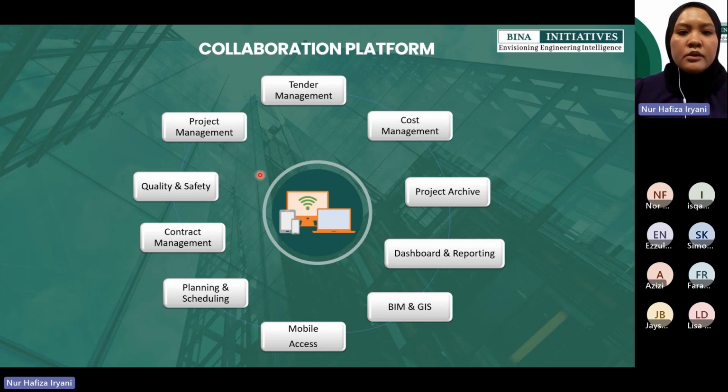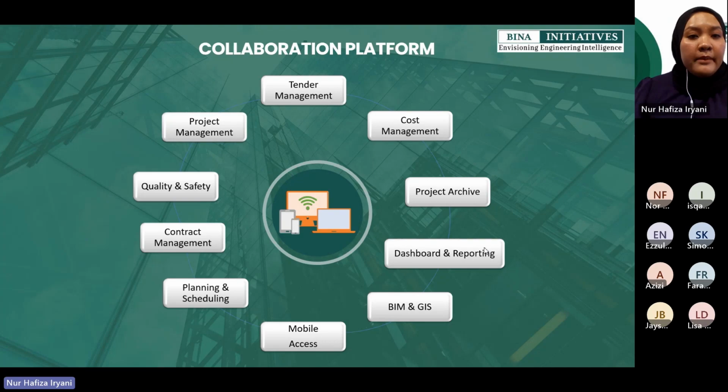All right. So first, when we are talking about tender management, of course, it is for the tendering process. Sometimes they call it bidding and so on. Using tender management, first, the user can create a tender, like the tender notice, scope, specification, terms and conditions, and so on. If you already have the paper documents, you can scan them into the system and upload them into your tender management.